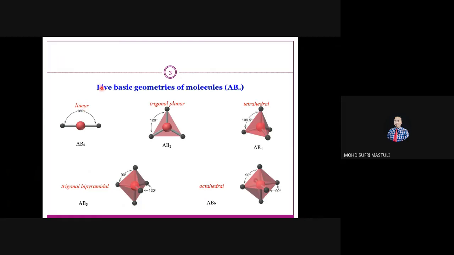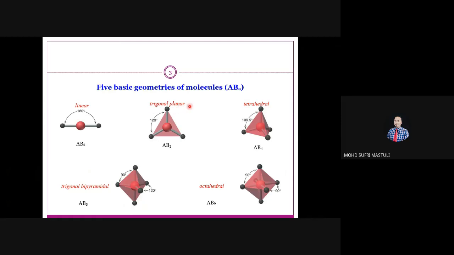So there are 5 basic geometries of molecules. First, we have linear with angle of 180 degrees.